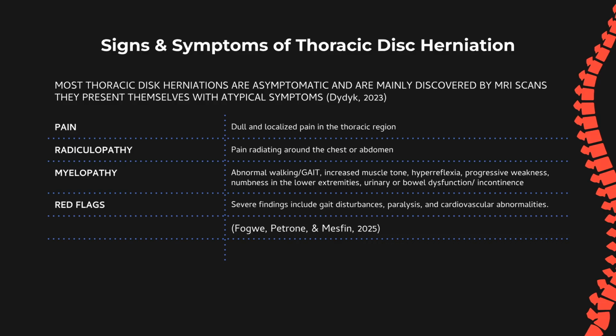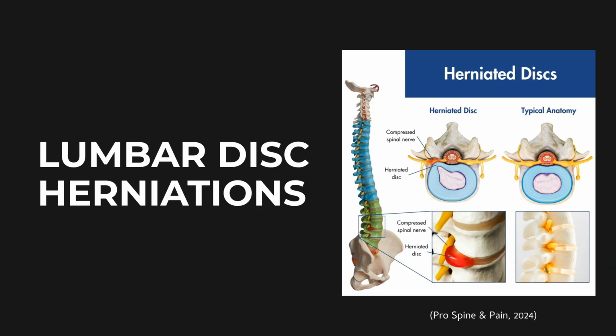It would cause radiculopathy, pain radiating around the chest or abdomen, and then myelopathy causing abnormal walking or gait patterns, increased muscle tone, hyperreflexia, progressive weakness and numbness in the lower extremities, and urinary and bowel dysfunction causing incontinence. And some red flags to look out for would be severe findings including gait disturbances, paralysis, and then cardiovascular abnormalities.